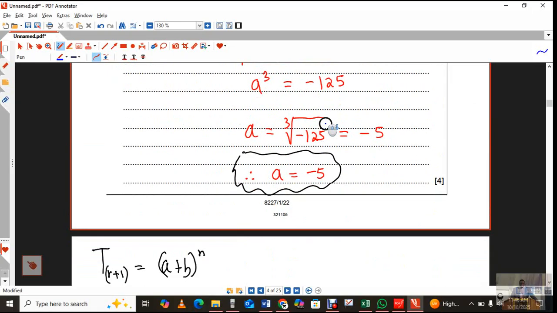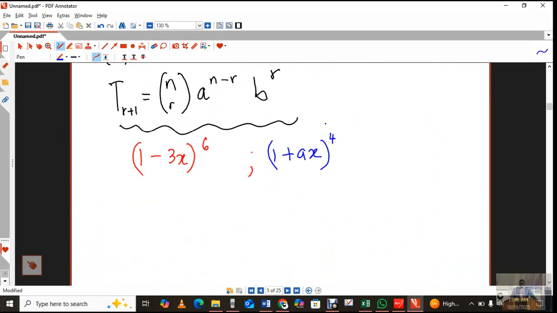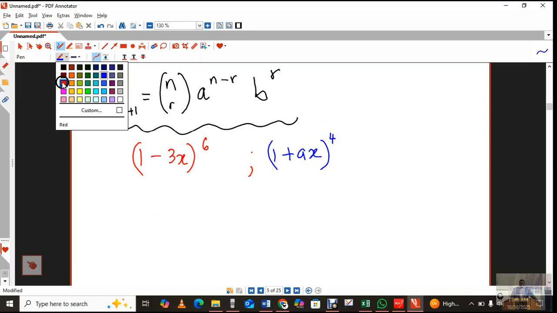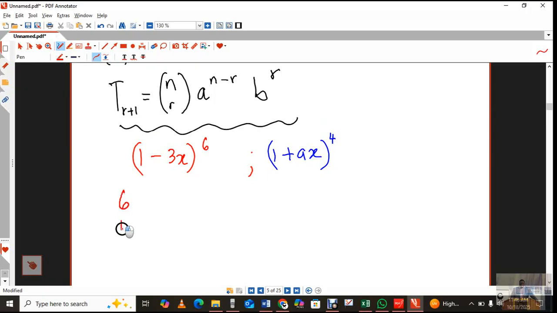So I will be saying, okay, wait a minute, I'm looking for things in x cubed. You can have a 6, taking the red one over here. I will have 6 choose r, which I don't know, but I know my a is 1 from here, so this is going to be 6 minus r, and I know my b, which is negative x. Now here's the thing, r is going to be a certain value. Okay, so that's what I have.